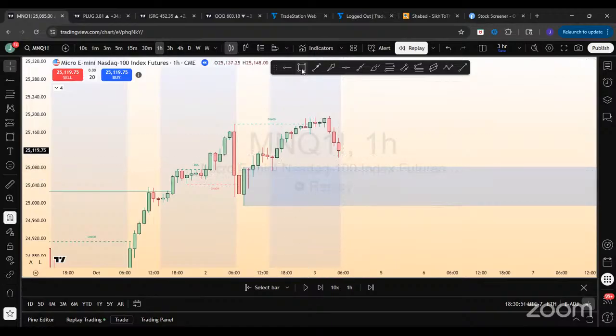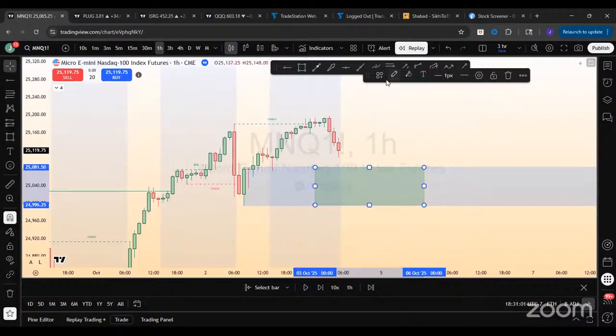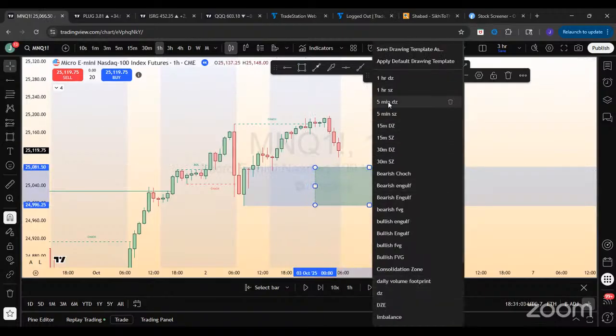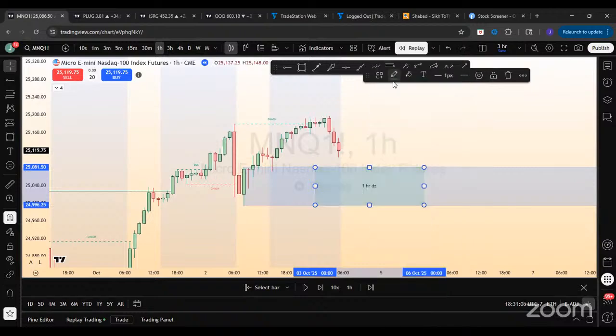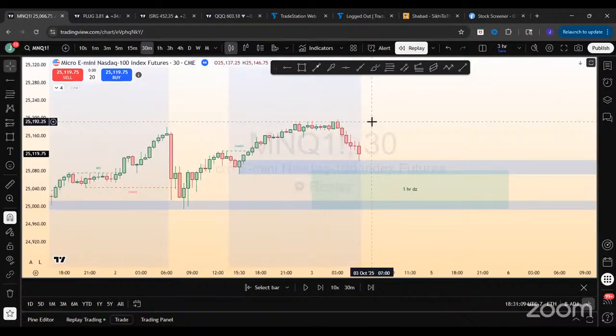Normally, so this is what I do too now. I have started doing this. I'll mark this as a 1 hour demand zone. Then I'll go to 30 minutes and see where the 30 minute is.